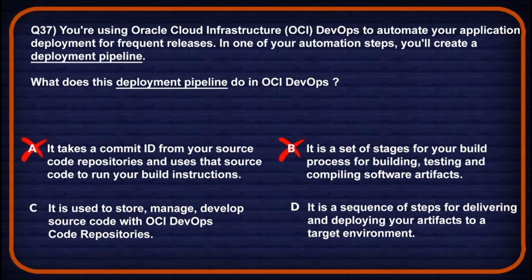Code repositories are separate components, not a part of a deployment pipeline. So option C, again a wrong choice. Moving on to option D. It is a sequence of steps for delivering or deploying your artifacts to your target environment. A deployment pipeline automates delivery of build artifacts to target environments like OKE or compute instances. So the answer to question number 37 will be option D.